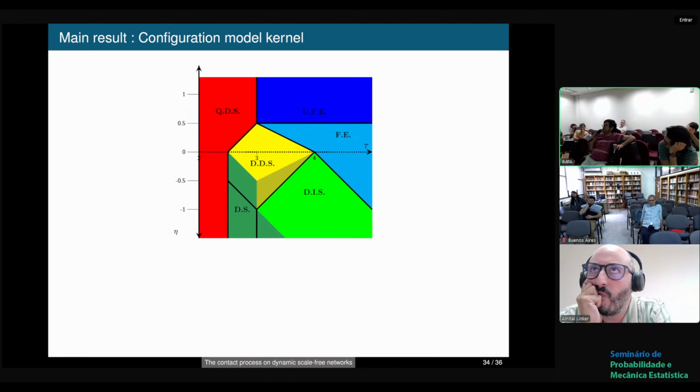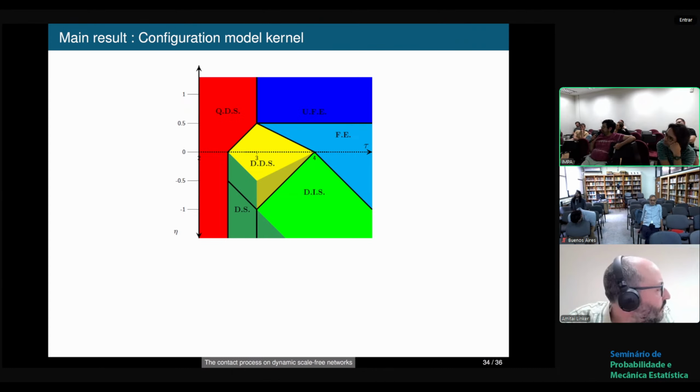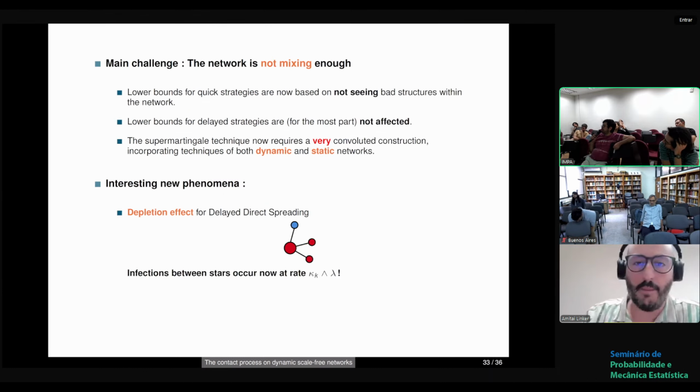I mean convergence not only in the sense of global parameters, but the equation itself. If you look, let's say, at the density of infected vertices with some degree, something like that, do you converge to that equation?